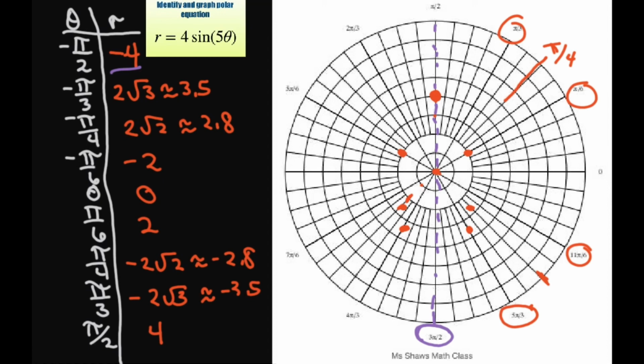So let's see. This one is our starting point, and then we're going to negative pi divided by 3, and then the next one's here. So we're going like this. It's kind of coming around like this. Comes back up around.